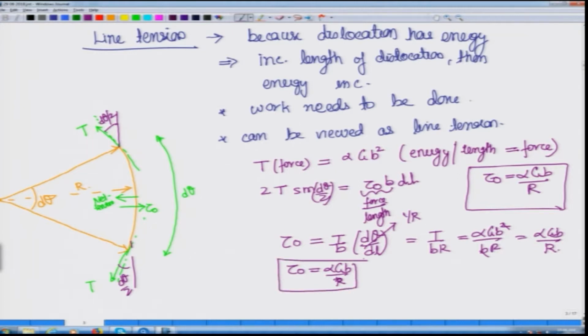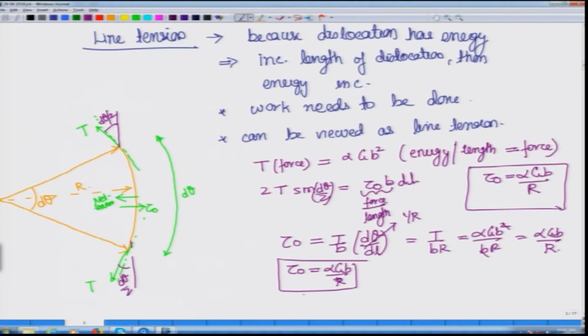Now, what is the meaning of this shear stress tau naught? What it is saying is that if you have a dislocation and you want to maintain a curvature with radius r, then you need to apply a shear stress tau naught.